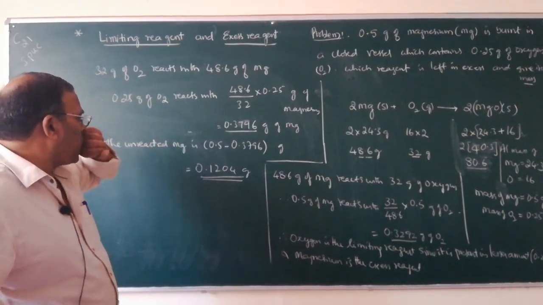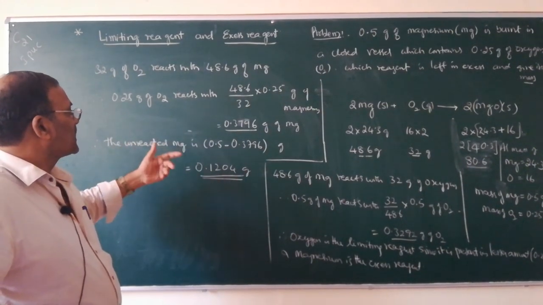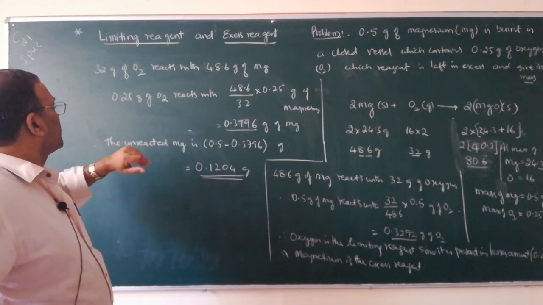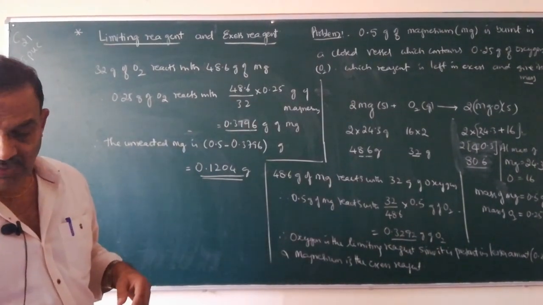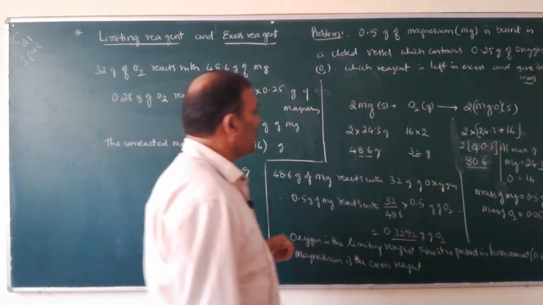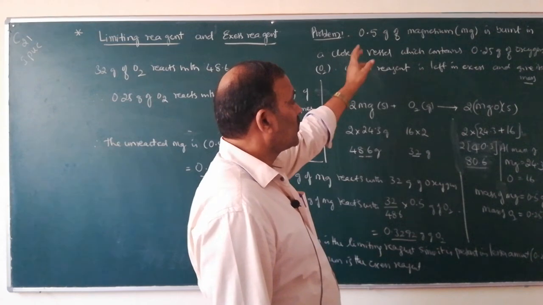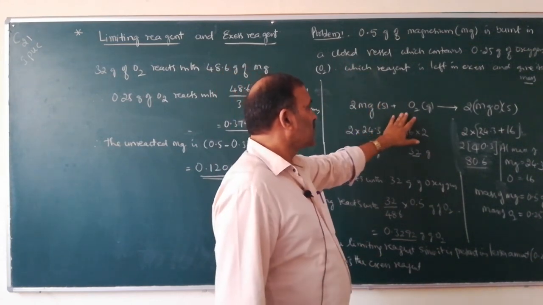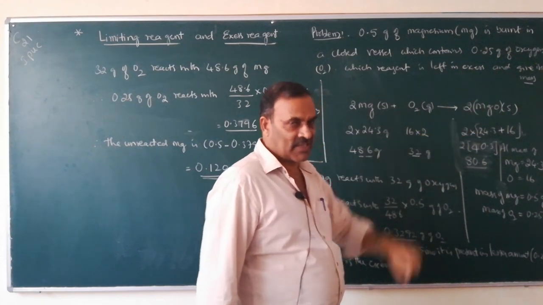So the reactant which is present in excess is called the excess reagent, and the reactant which is reacted completely or consumed completely is called the limiting reagent. Understood? So magnesium reacts with oxygen forming magnesium oxide.